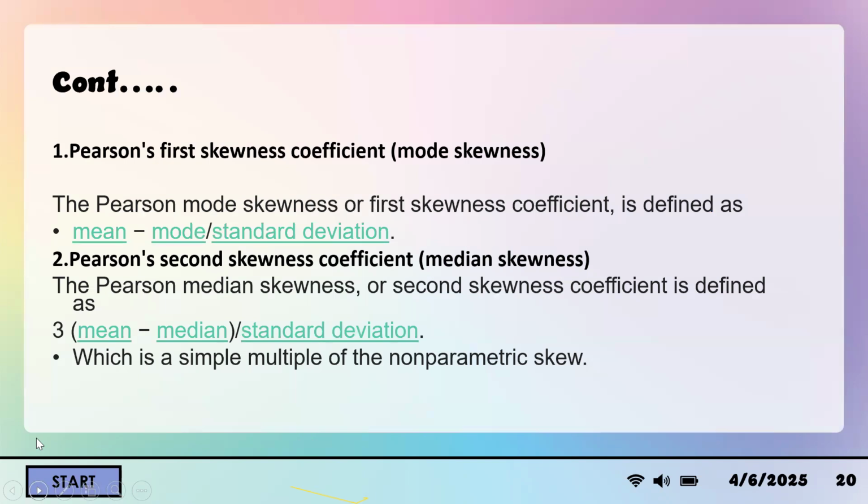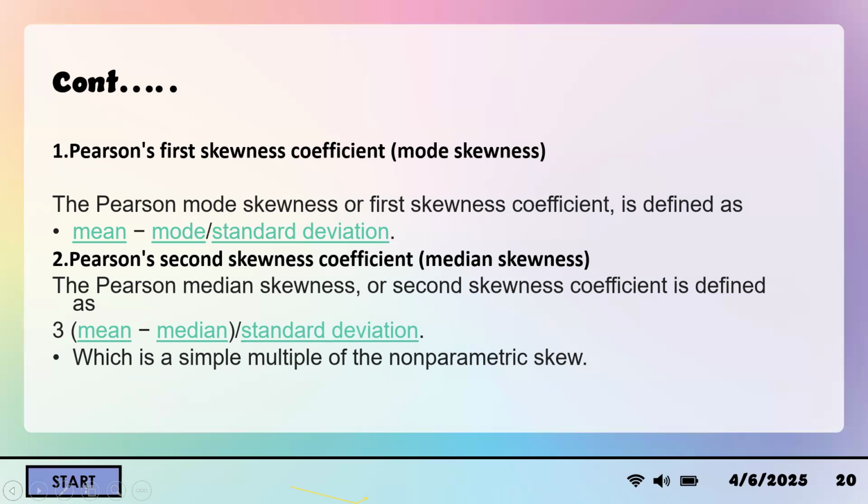So, Pearson's first skewness coefficient, or mode skewness, is defined as mean minus mode over standard deviation. And Pearson's second skewness coefficient, or median skewness, is defined as 3 times mean minus median over standard deviation, which is a simple multiple of the nonparametric skew.